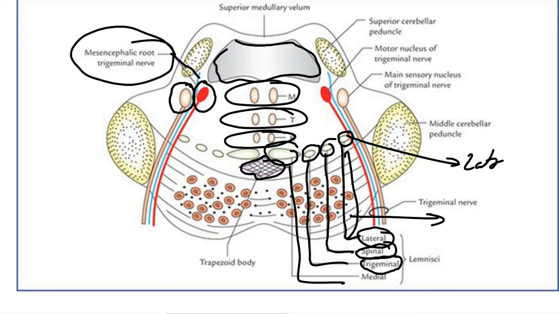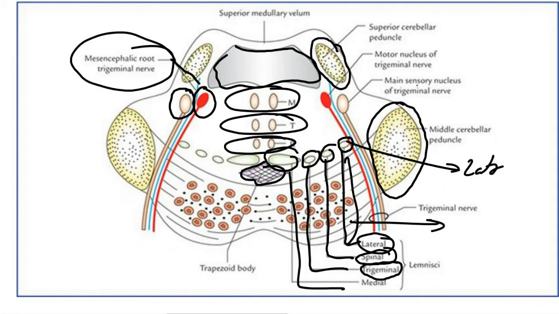Okay, the next thing that you can see here is the superior cerebellar peduncle that is present posteriorly, and this is the middle cerebellar peduncle that is present anteriorly, or you can say anterolaterally.